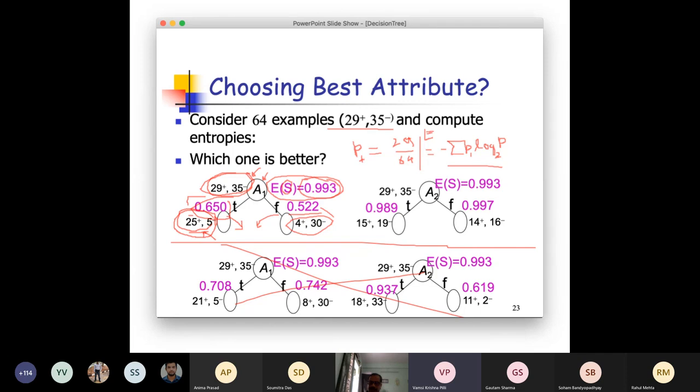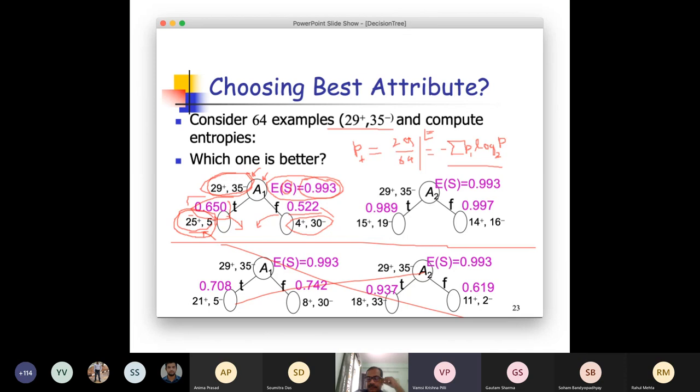Here we have taken the A1 attribute, and we are calculating the probability of positive output, P plus. You have to take a decision whether this is positive or negative. Both decisions are important. But why can't we stop there?